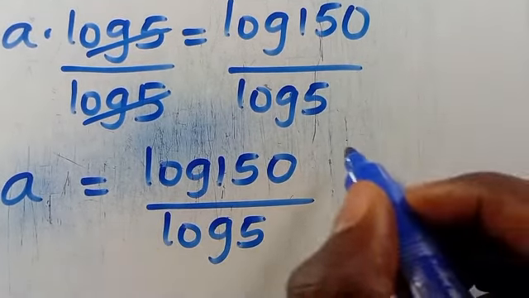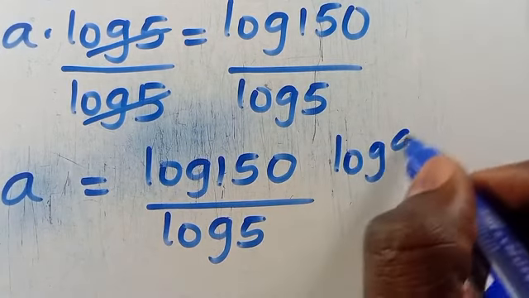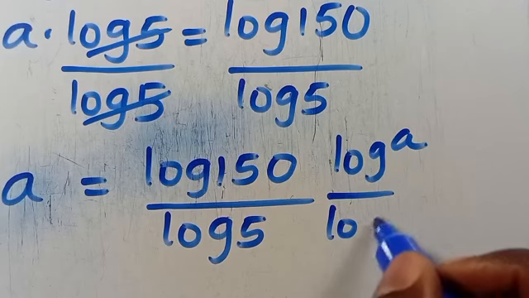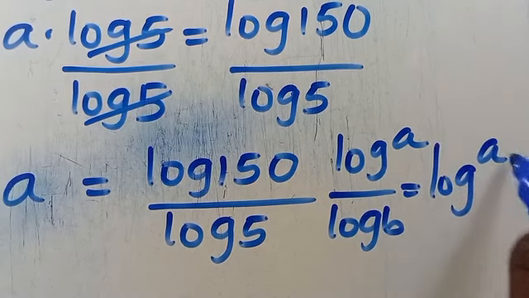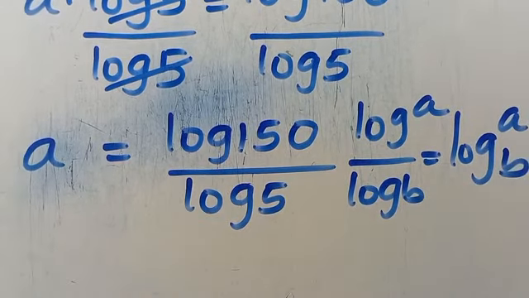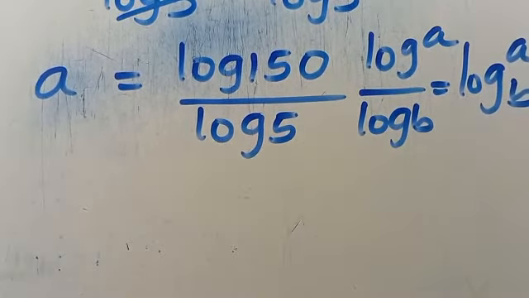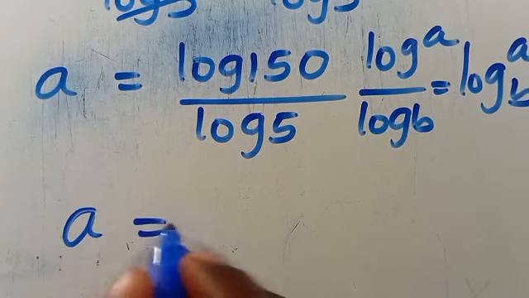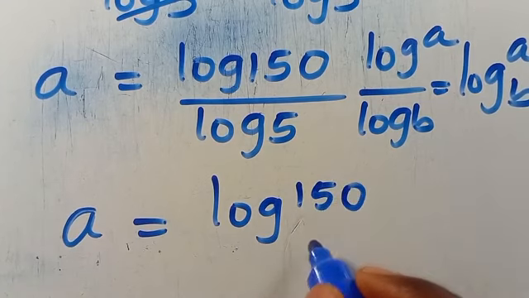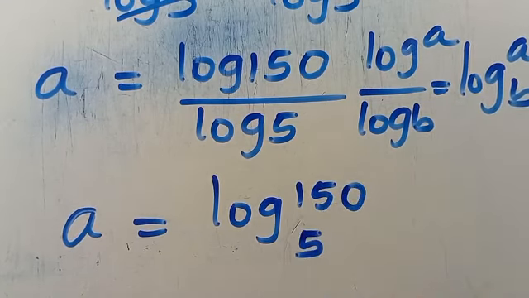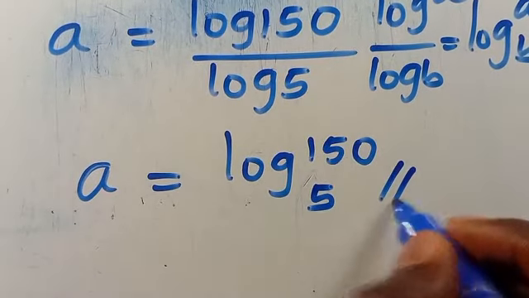But let us recall that when we have log a divided by log b, it equals log a in base b. So from here, we have a equals log 150 in base 5. This is the value of a.